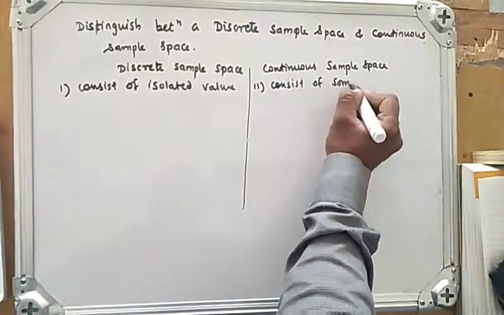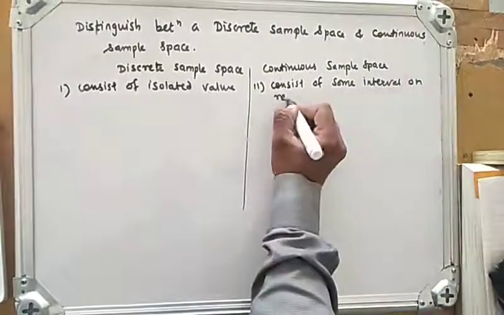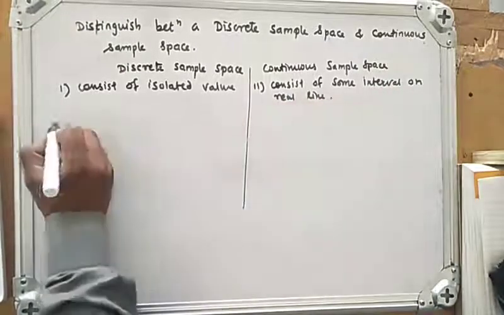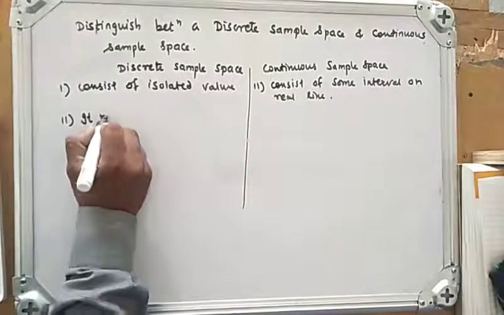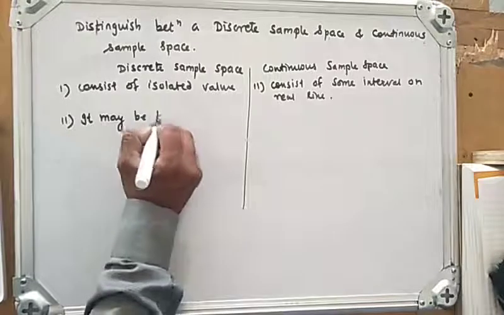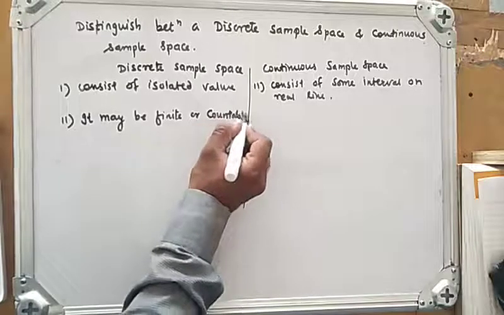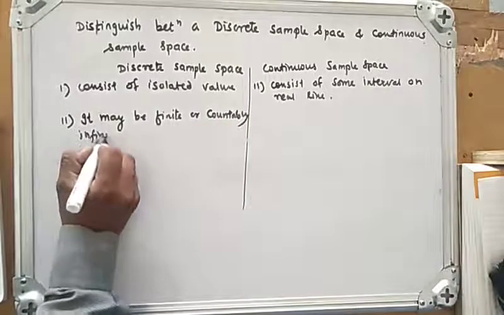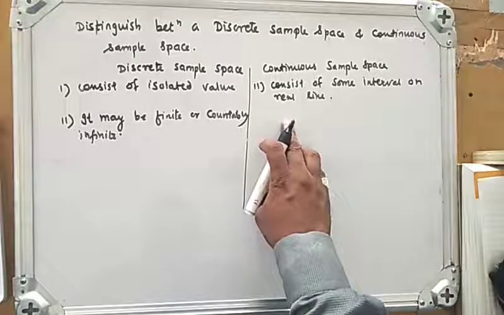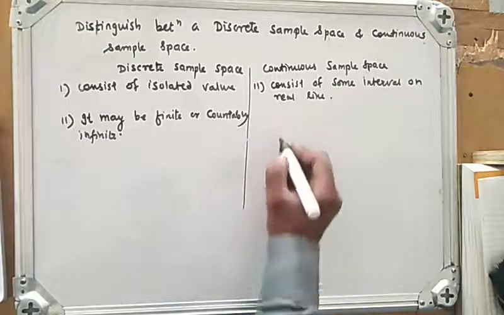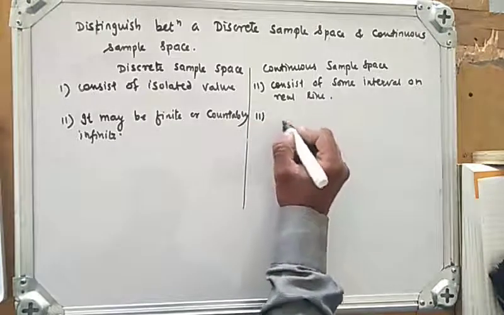Second point: a discrete sample space may be finite or countably infinite. And here we know that an interval is always uncountable, so we say that a continuous sample space is uncountably infinite.